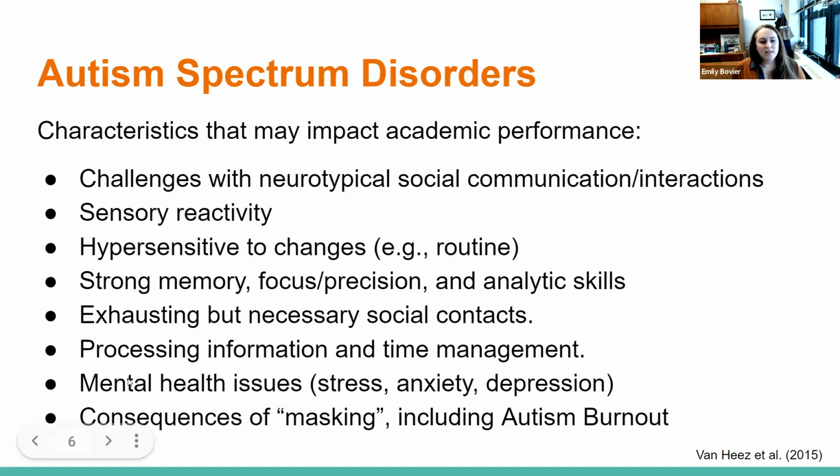These last 2 points have to do more with overarching mental health related issues such as stress, anxiety, and depression. Many times individuals with autism do what's called masking. I've talked about this with my brother, and with students. Essentially, they mask some of their behaviors that might not be deemed quote unquote normal.